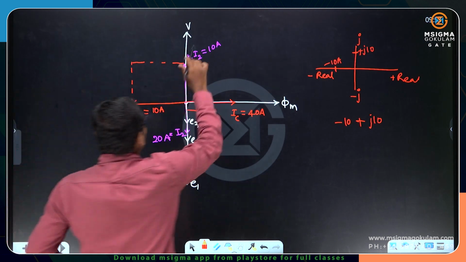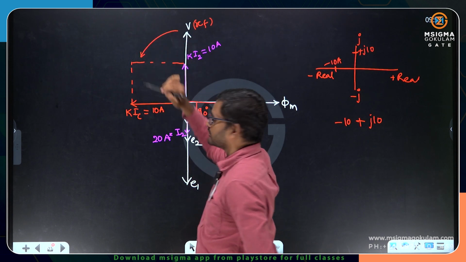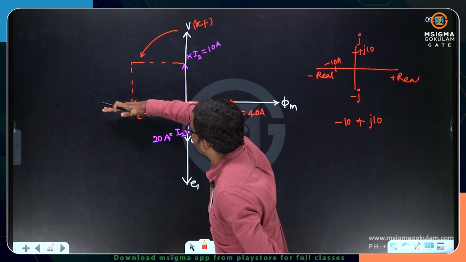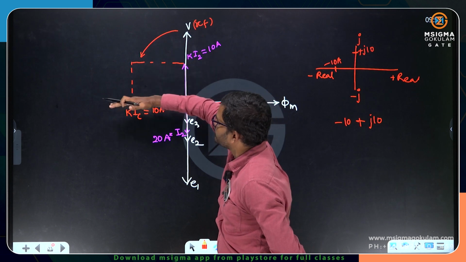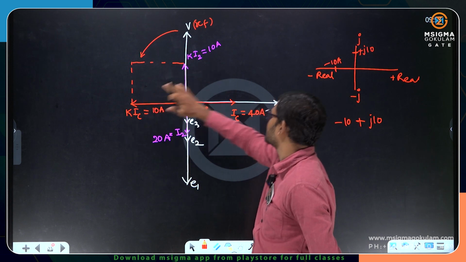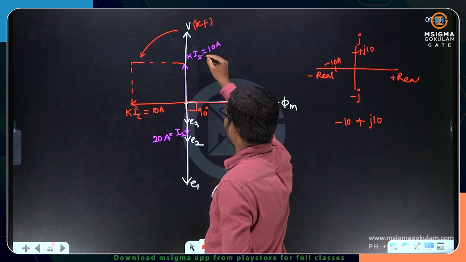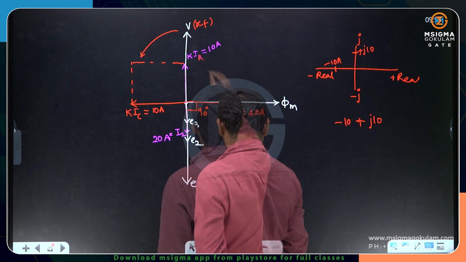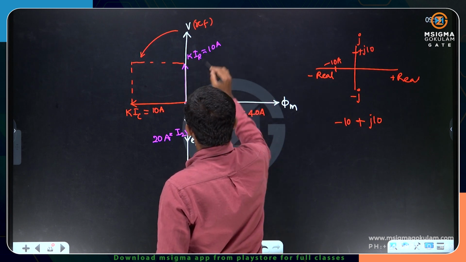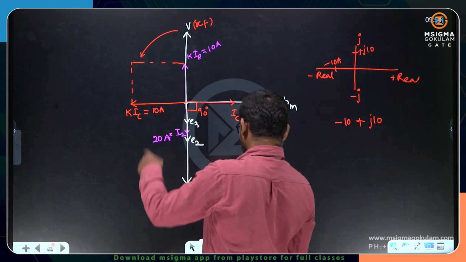With V as reference, from voltage the current is leading. So this is the imaginary axis, this is the real axis. This is positive imaginary, this is positive real, this is negative real, and this is negative imaginary. Now the combination of K times IR, which is this, and K times IC is the resultant current.